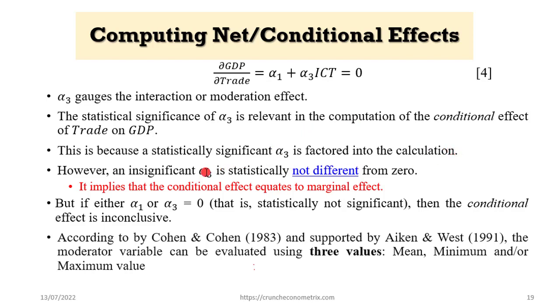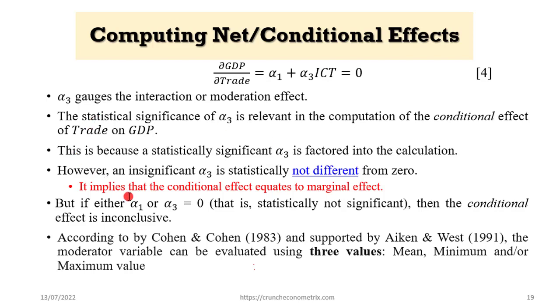But if alpha 3 is statistically not significant, it simply means it is statistically not different from 0. So what does that mean? It implies that the conditional effect of trade on GDP will be equal to the marginal effects of trade on GDP. By the time we take detailed analysis, you will understand this when we get to the results interpretation.